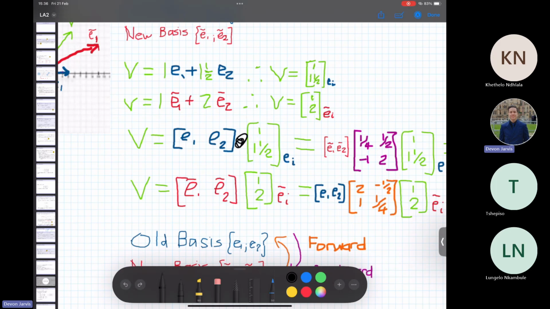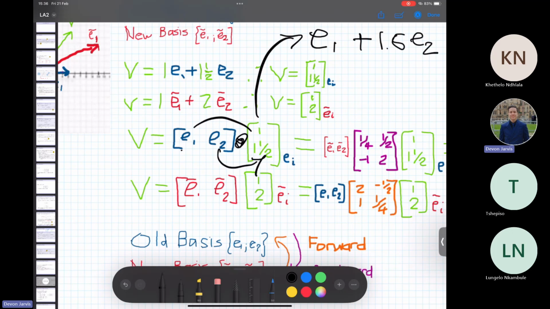Because at this point, this is a dot product. We know that it's just going to end up being E1 times 1, plus E2 times 1.5, so 1.5 E2 there. And that gives me V. All right? Simple matrix multiplication, simple dot product representation of matrix multiplication.